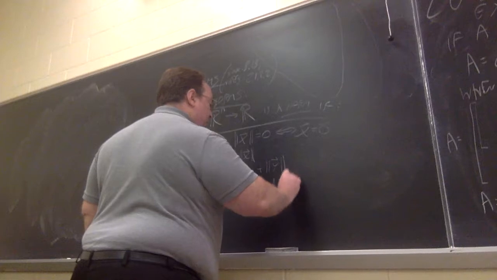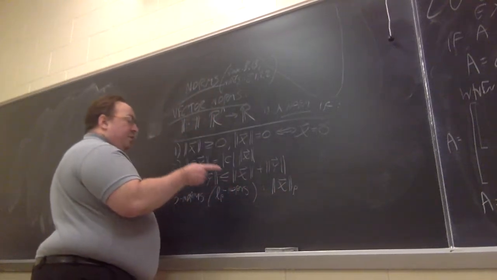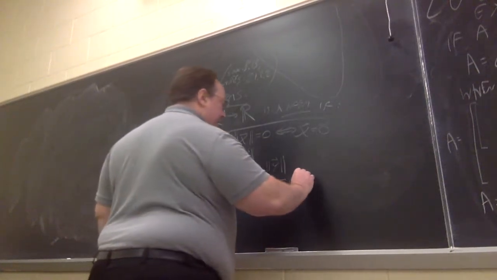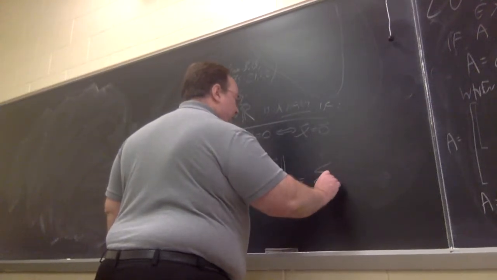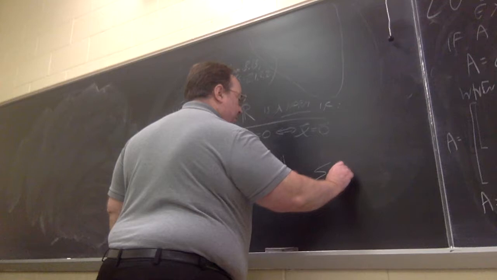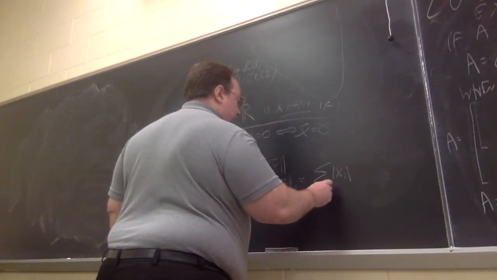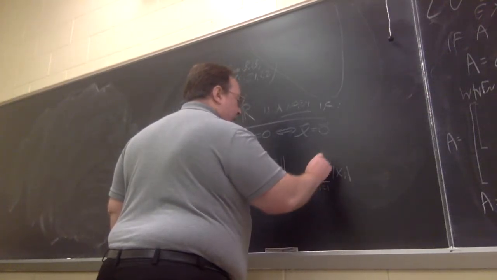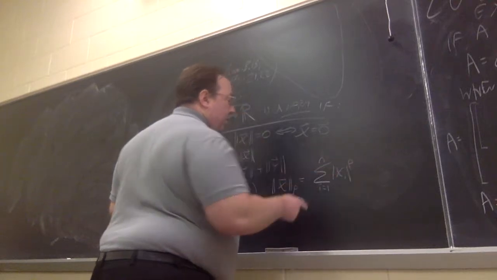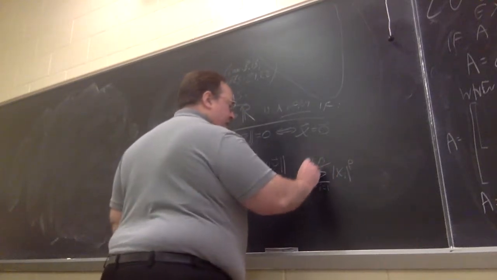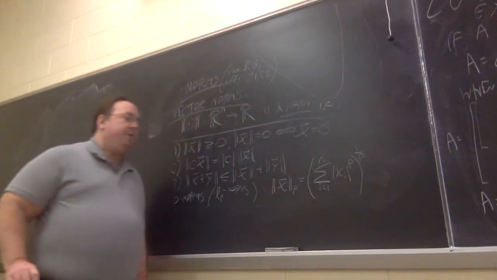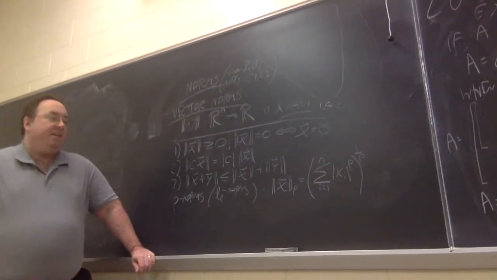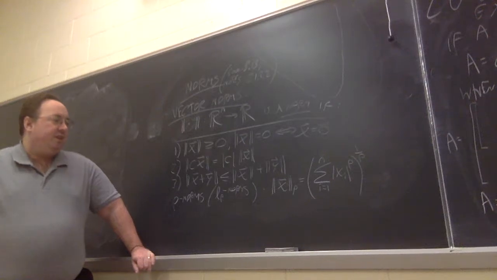I use a subscript p to indicate which p norm I'm talking about. p will be a number. All you do is take the absolute value of the components, real or complex, doesn't matter, raise them to the p power, add them all up, and raise the sum to the 1 over p power. So these are the p norms.